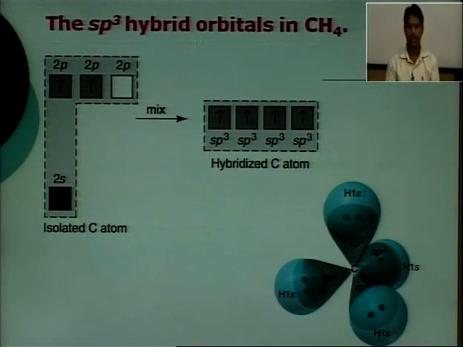Each orbital is sp3 hybridized, having one electron in each orbital. Before hybridization, two electrons were in 2s and two in p, but after hybridization all the orbitals have equal energy and the four electrons are equally distributed. One orbital from each of the four hydrogen atoms overlaps with the four sp3 orbitals, and methane is formed.